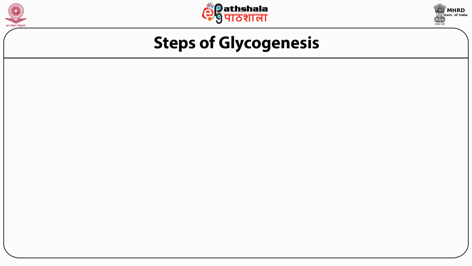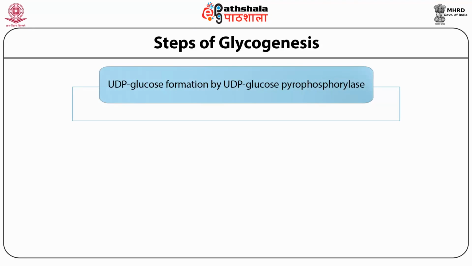Glycogen synthesis requires three major enzymes and occurs by a separate pathway from glycogenolysis. The first step is UDP glucose formation by UDP glucose pyrophosphorylase.